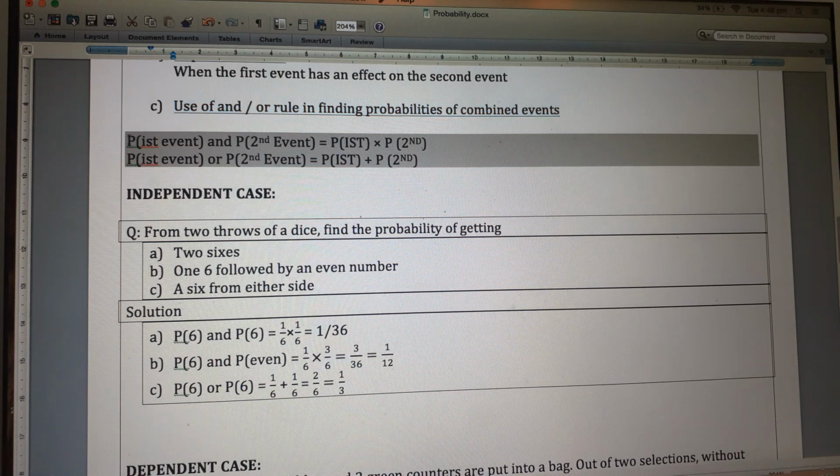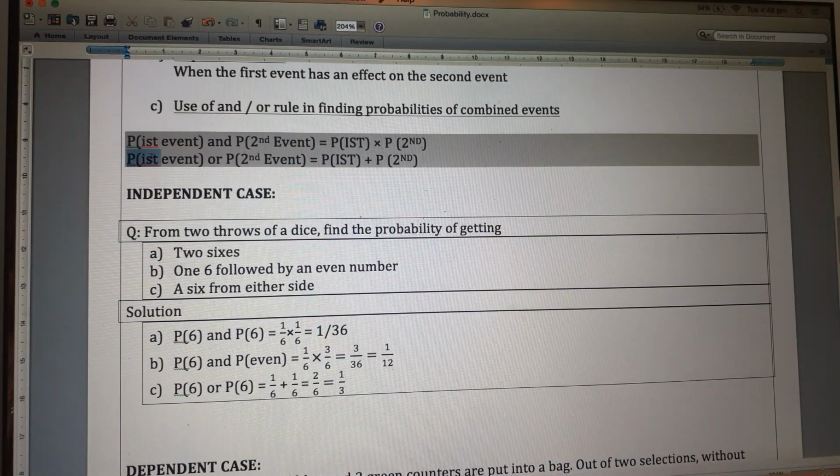Now, if I have to find probability of first event and I have to find probability of second event, then I will multiply probability of first event with probability of second event. So whenever and will be used, you will multiply the probabilities.